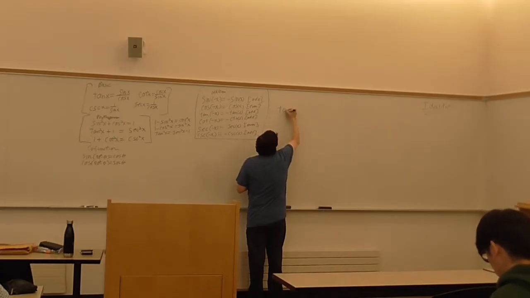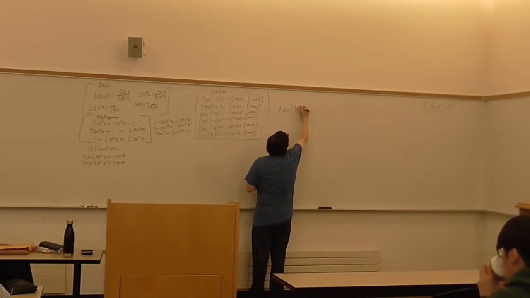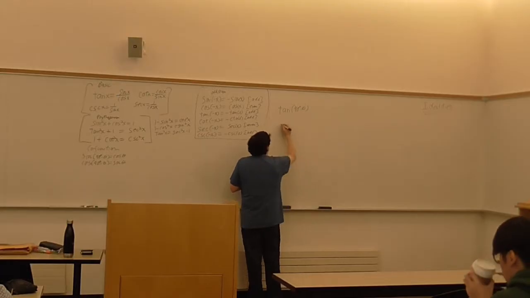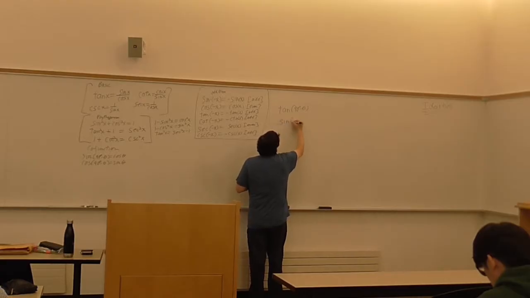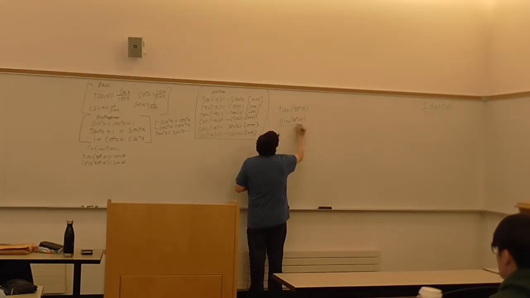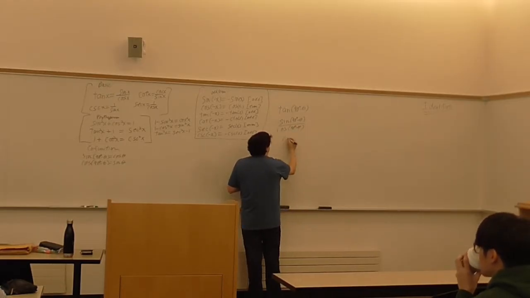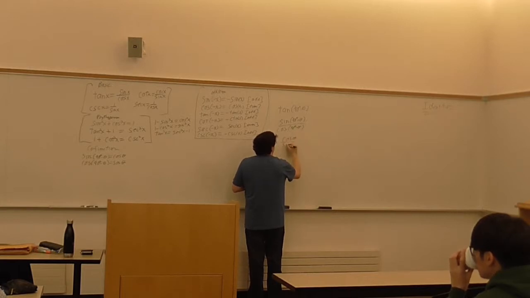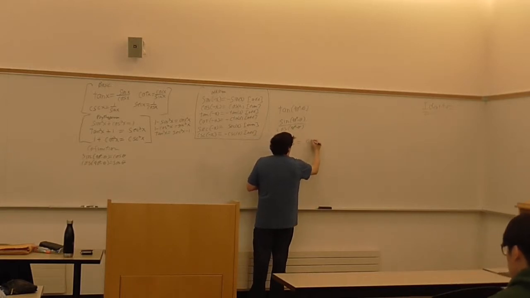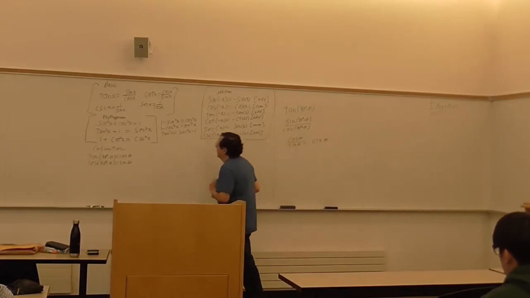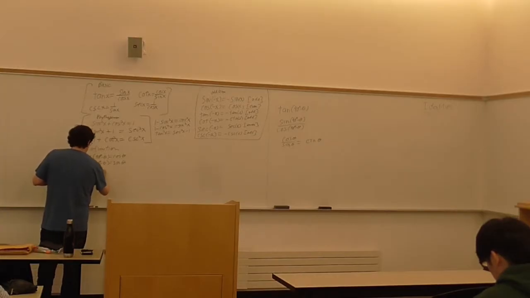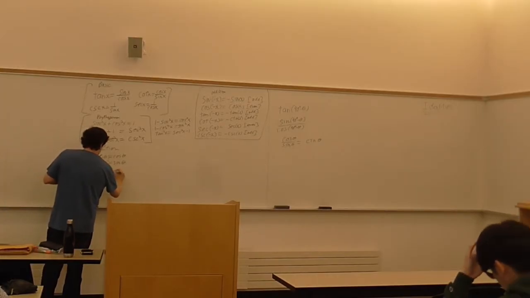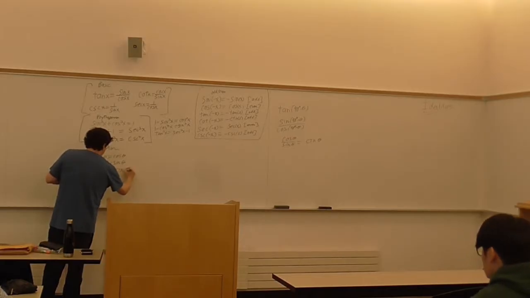If we wanted to know what the tangent of 90 minus theta is, we would convert that to sine of 90 degrees minus theta over cosine 90 degrees minus theta. But that's just the cosine of theta over the sine of theta, which is the cotangent of theta. So tangent of 90 degrees minus theta equals cotangent of theta.